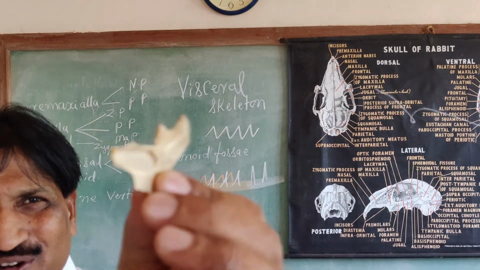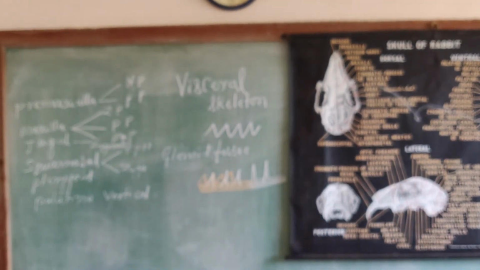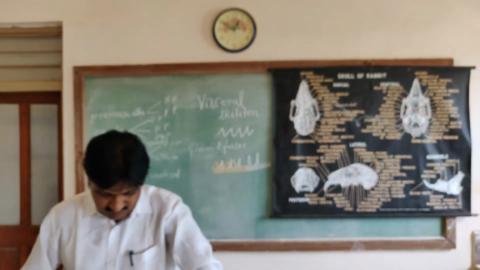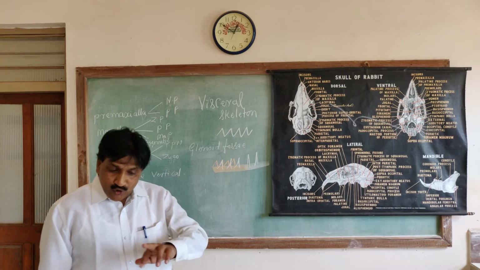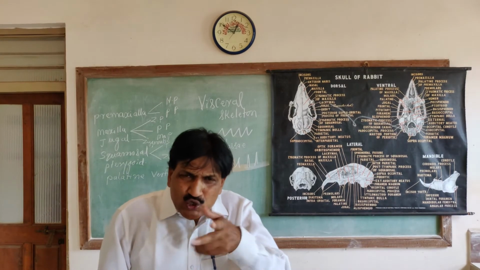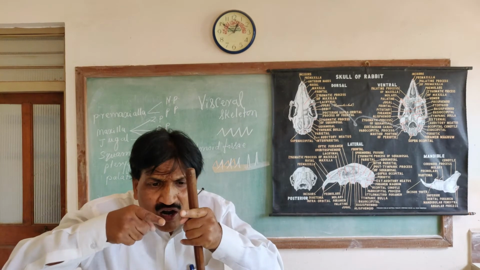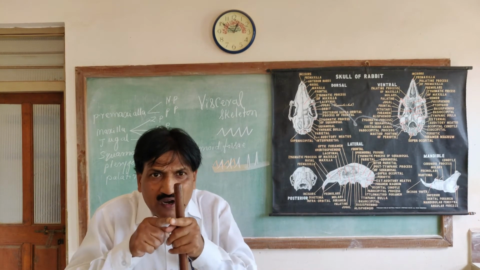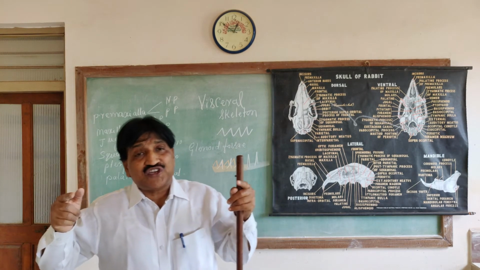The lower jaw is also made up of two similar parts. The two parts are united on the anterior side and divergent on the posterior side.